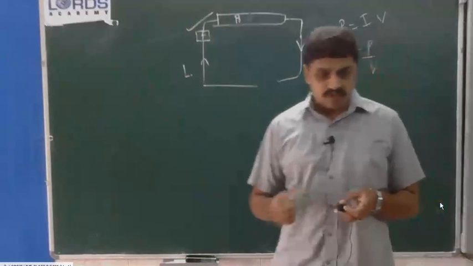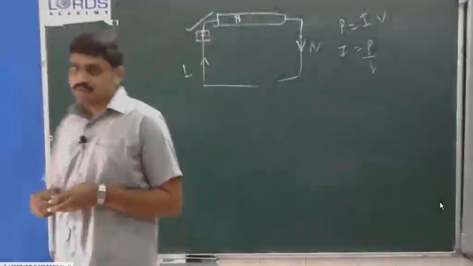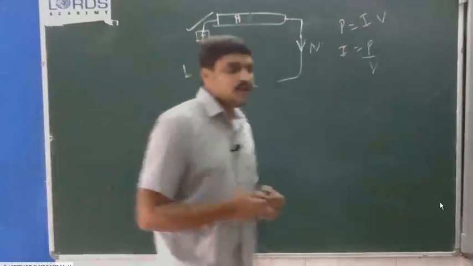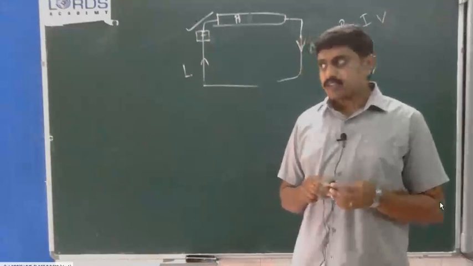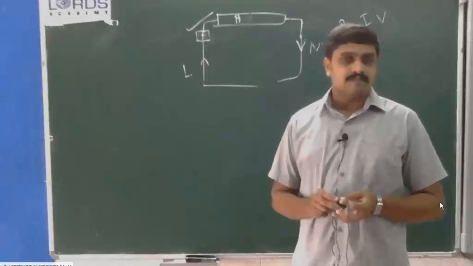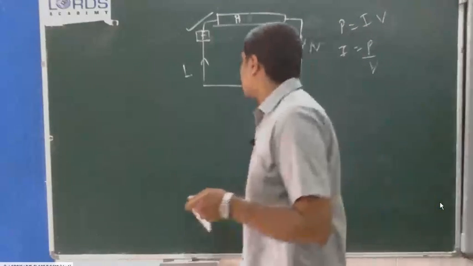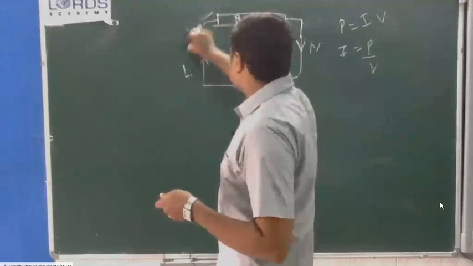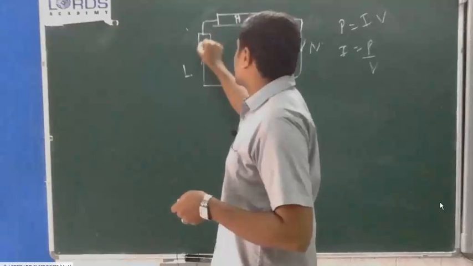Now, first again get back to the same case. Why should a switch be connected on the live wire? Previously we discussed the fuse. In the same way, the switch also is always connected to the live wire only. If an appliance is here, always connect the switch to the live wire.